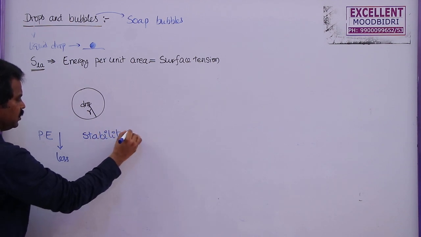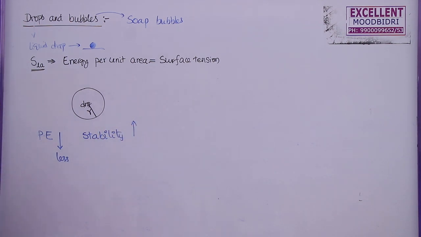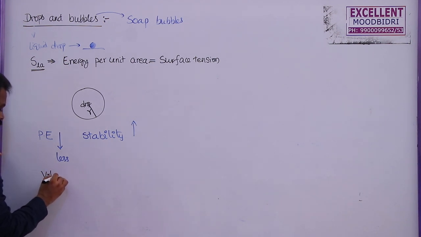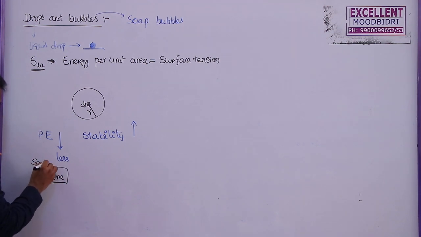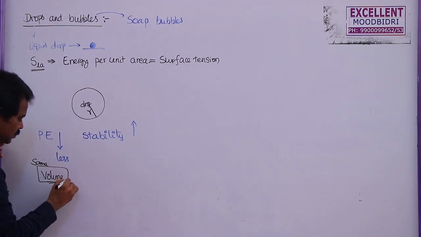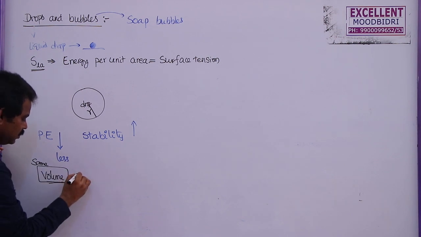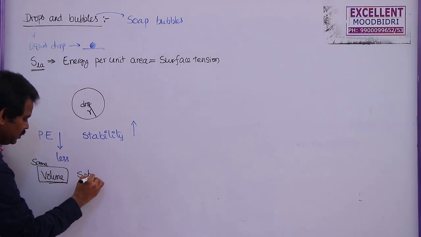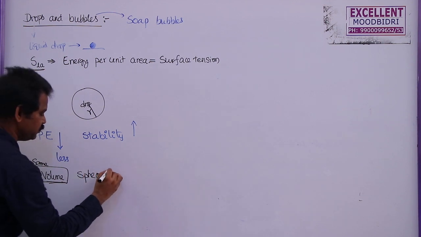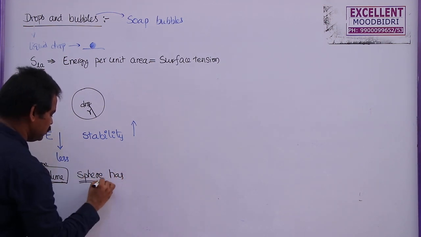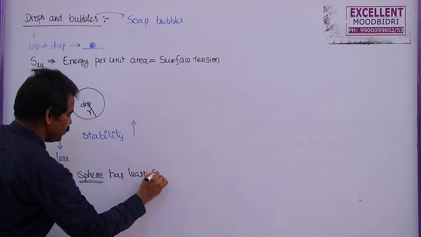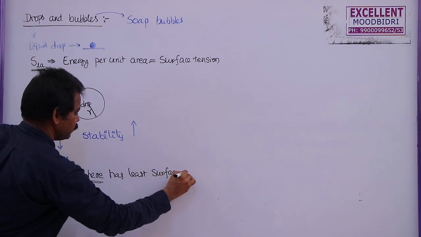If you take different bodies having the same volume in geometrical shapes, it is found that sphere has the least surface area for the same volume.